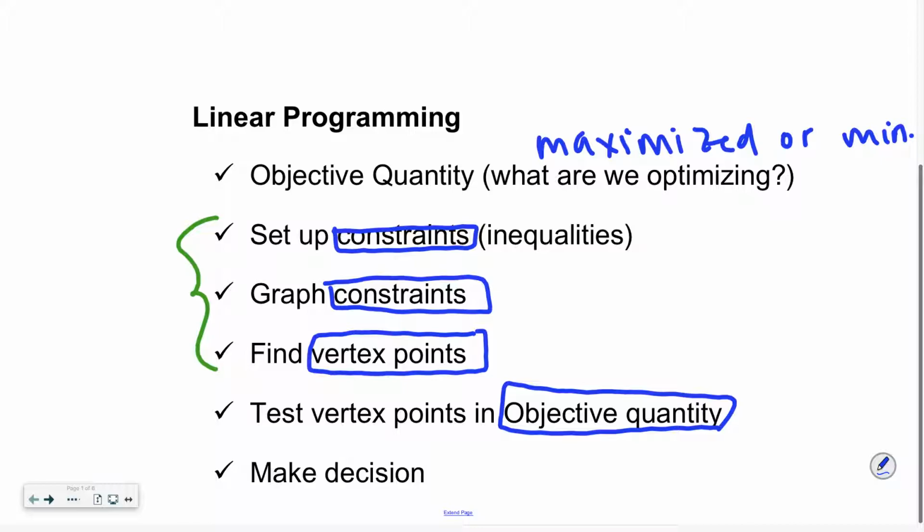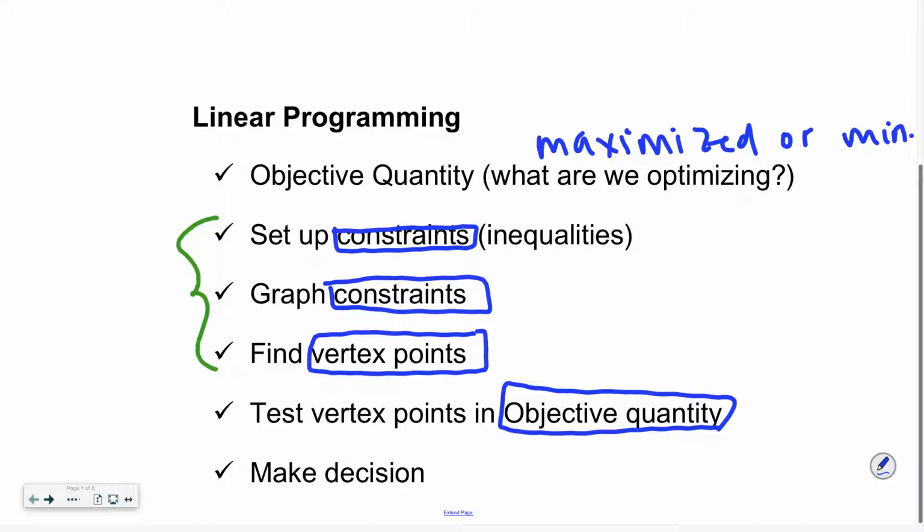Which vertex gives us the biggest objective quantity? Which vertex gives us the smallest objective quantity? So, not a lot different than yesterday. We just have a step in the beginning and a step at the end that we need to add to bring in this maximizing and minimizing.